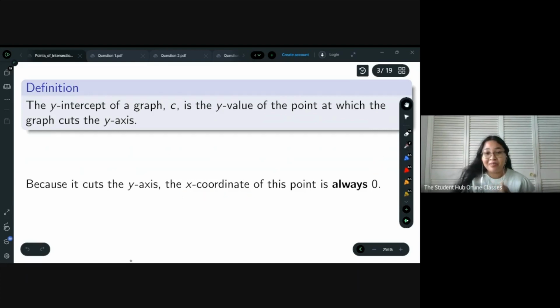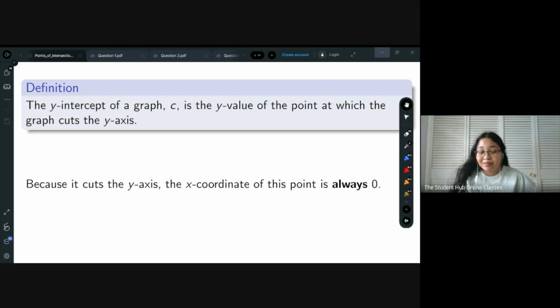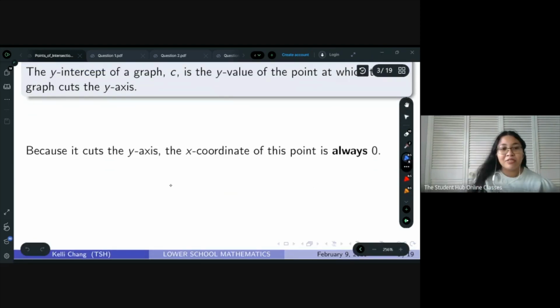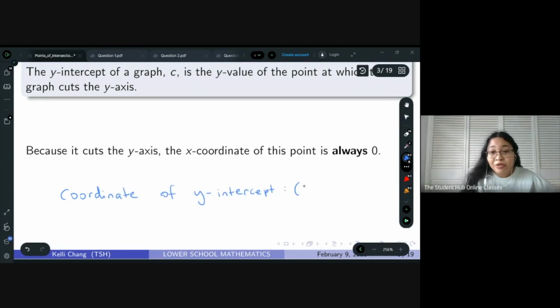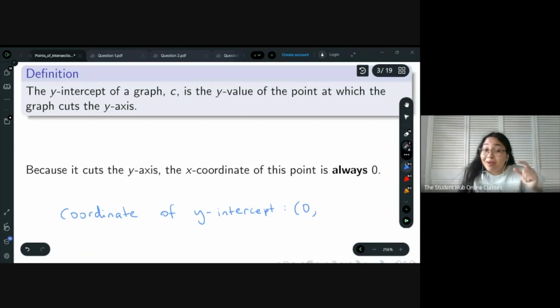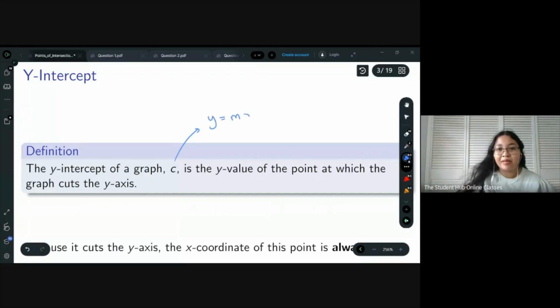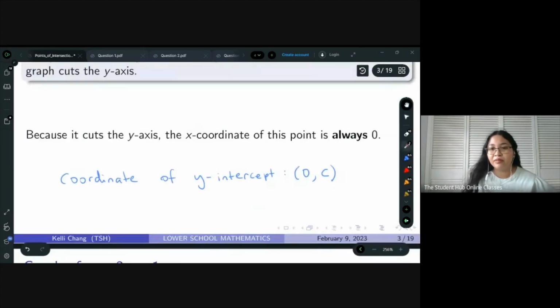So if you're asked to state the coordinates of the y-intercept, the x is always going to be 0, and whatever the y value is, it's c from your function once it's in the standard form, right? If it's not in standard form, y is equal to mx plus c, you have to rearrange it to find c. So this is the coordinate, but if I just ask you for the y-intercept, I just want this c value, right?